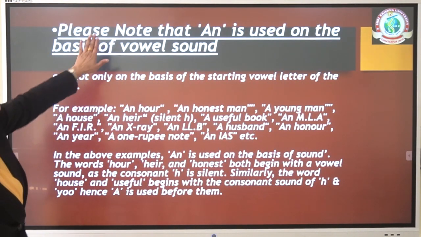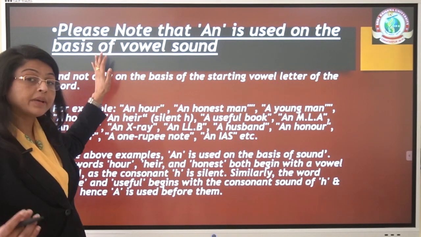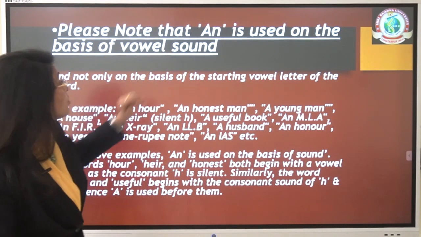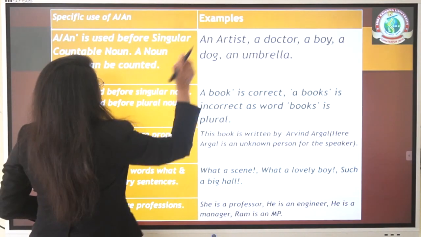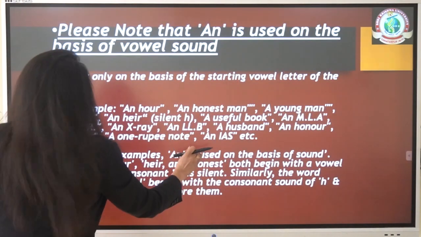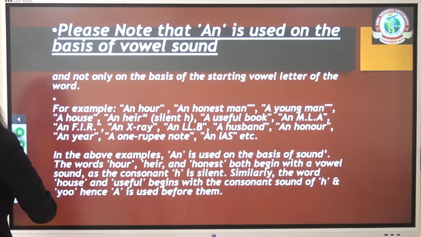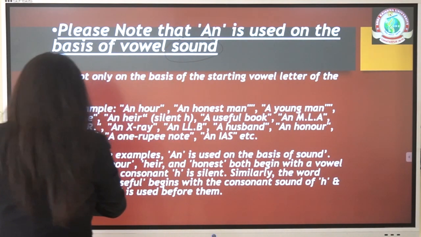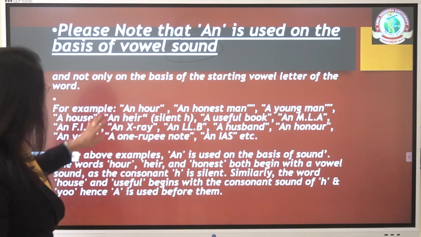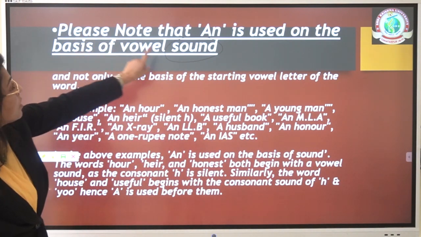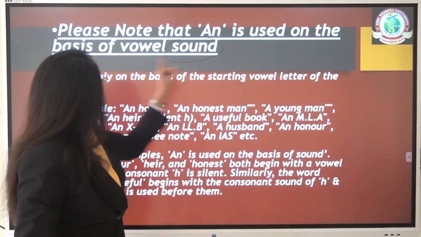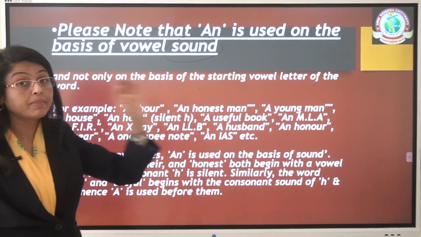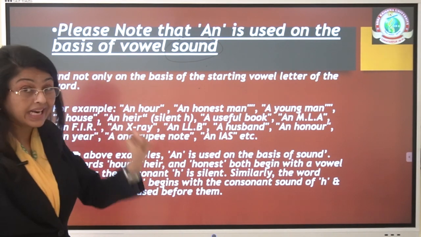Now here, as I have been emphasizing right from the beginning, we are emphasizing sounds. Note that AN is used on the basis of vowel sound, not on the basis of the alphabet or a letter.